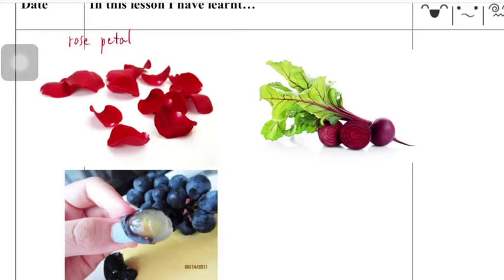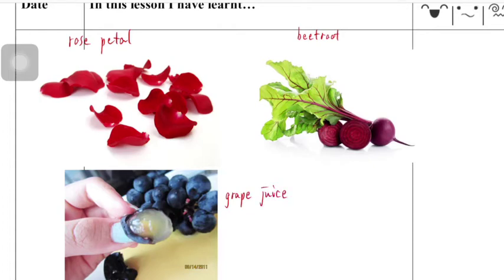And also we have the beetroot. Again, if we use the juice, that is a natural indicator. So it shows different colors in acidic solution and in alkaline solution. And the last one I want to introduce is the grape juice.